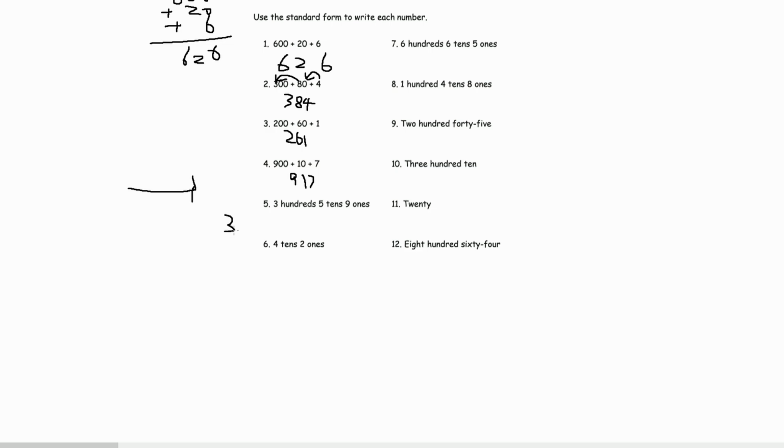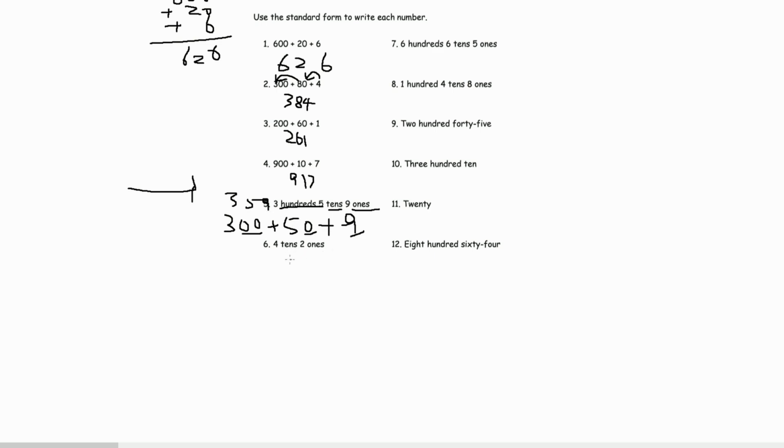I'll show you guys how this is done. We have 300s, and we have 5 tens, and we have 9 ones. Hundreds is 2 zeros, tens is 1 zero, and ones is just a single digit. So 359 would be the answer.